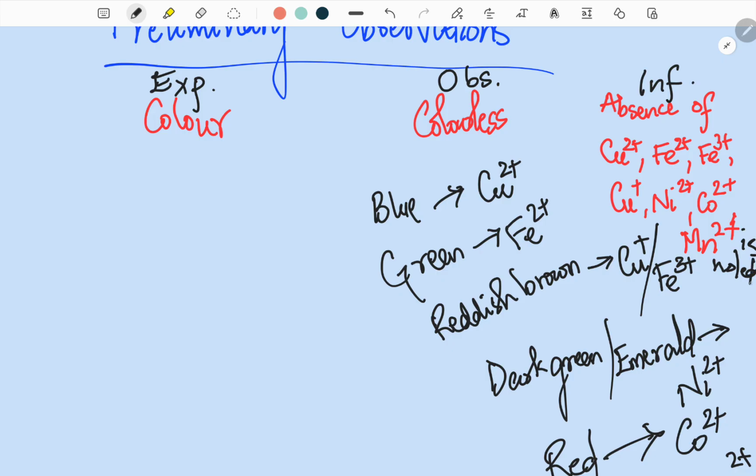You can write is noted at the end, or is observed, whatever. Any word can be used, but ensure that you write everything in complete sentences. Especially for the observation, don't just write the observation in one or two words. You have to write it in complete sentences in the exam.